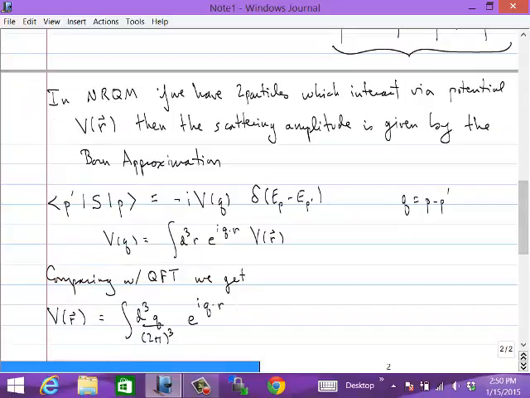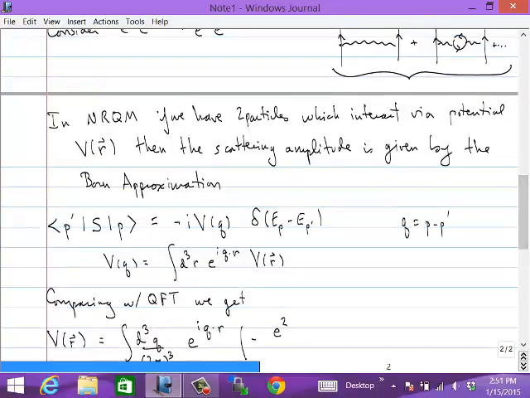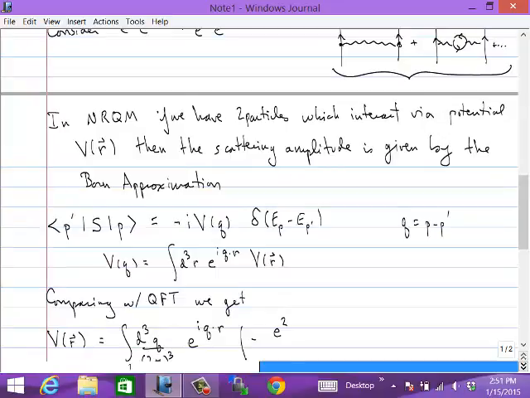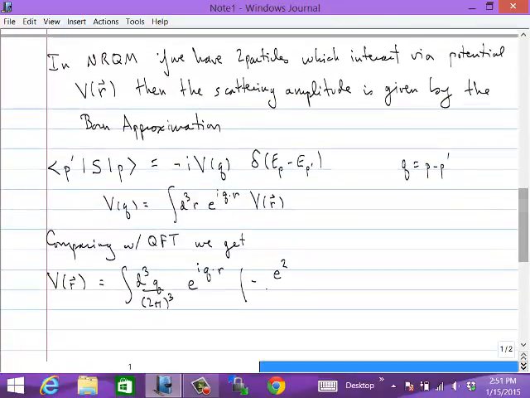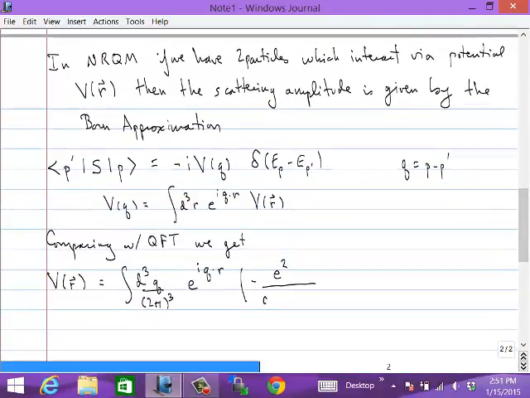And what is that? You get 2 factors of the electric charge, E squared, coming from these 2 vertices here. Then at leading order, you get 1 over the momentum squared. And at subleading order, including the 1-loop correction, you get the correction term, 1 plus pi of q squared times E squared, plus higher order terms.